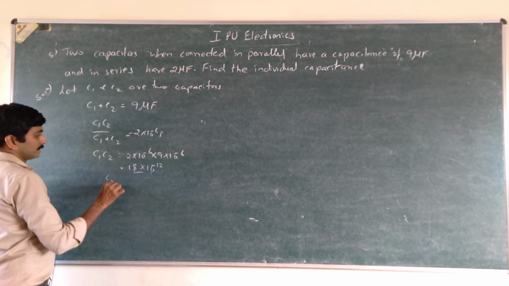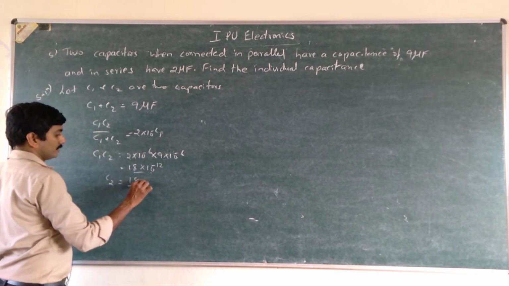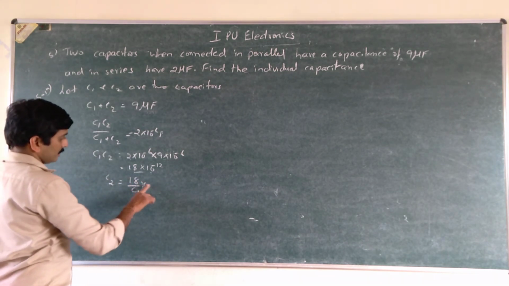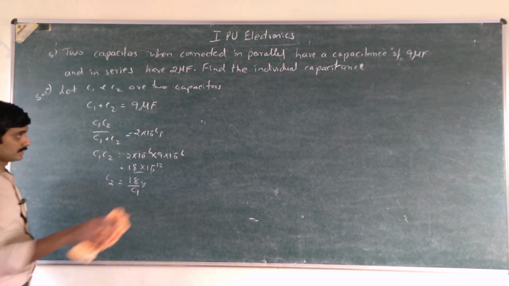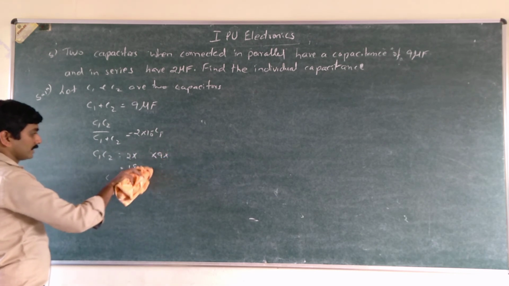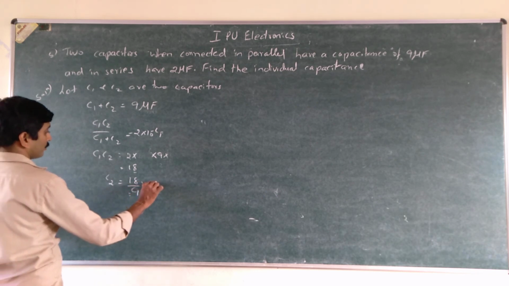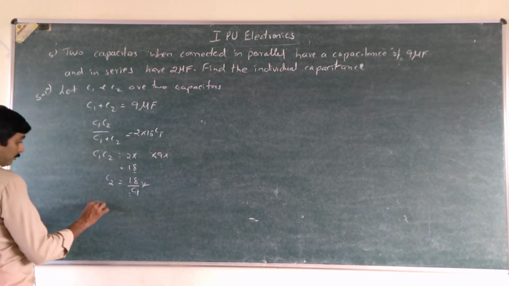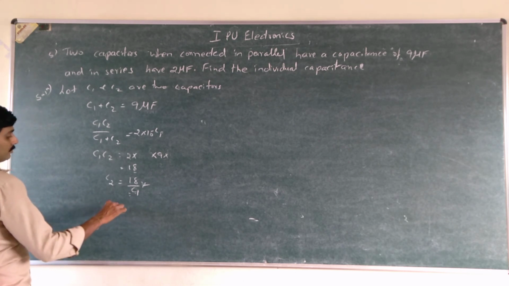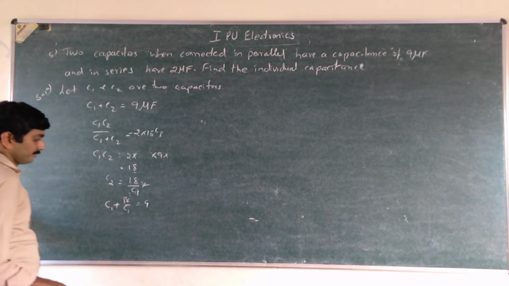So, this gives C2 is equal to 18 by C1. Just neglect 10 to the power minus 6 here. Therefore, C1 plus 18 by C1 is equal to 9.